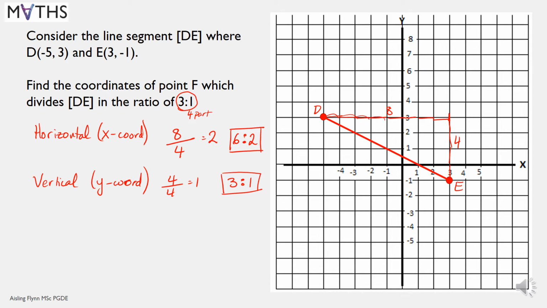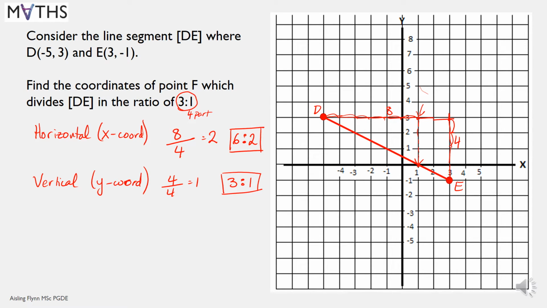So 1, 2, 3, 4, 5, 6 brings me to here. I'm just going to drop that down till I hit my red line. I should have it now. And vertically we've got 3:1.